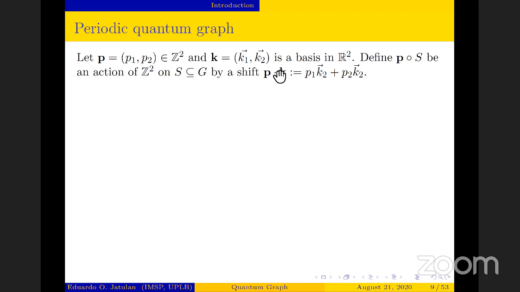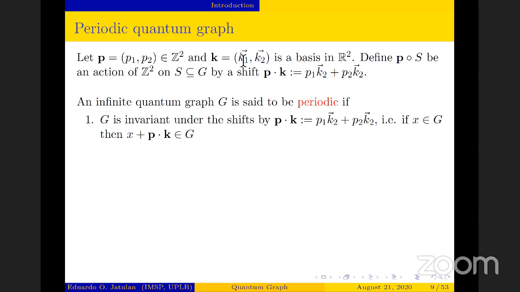So we have here P dot K, which is just the dot product of P and K. And an infinite quantum graph is said to be periodic if we have the following. G is, I think I mixed up G and gamma. So G here is invariant under shift by this one.